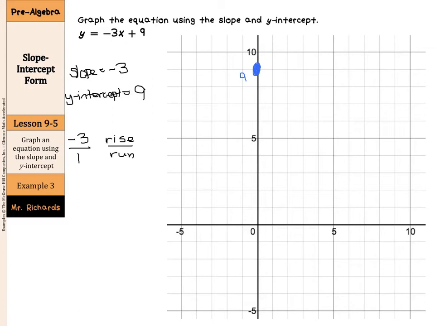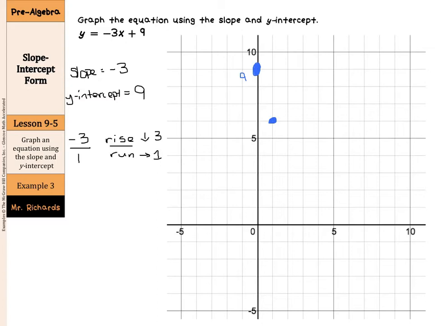So a negative 3 rise means we are going to go down 3 for every time we run to the right 1. So we need to go from this point here at 9 with our y-intercept down 1, 2, 3 in order to go a run of 1. And we plot our new point.